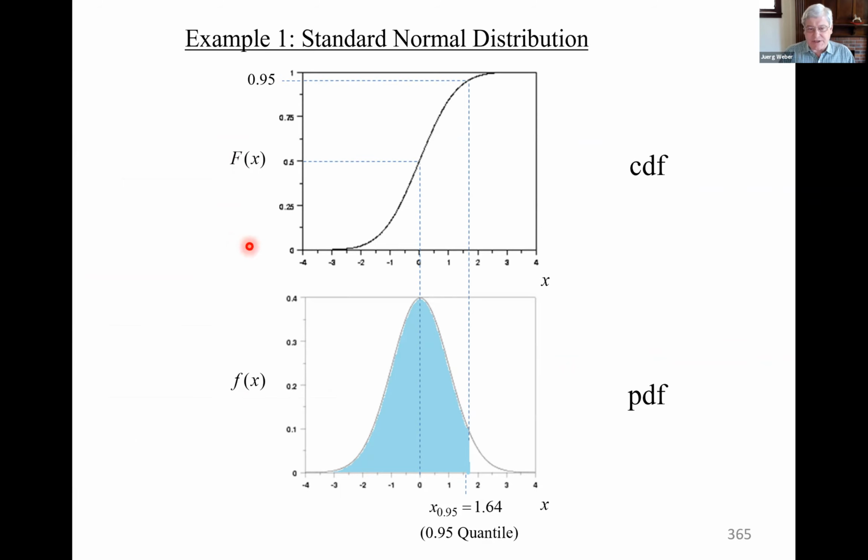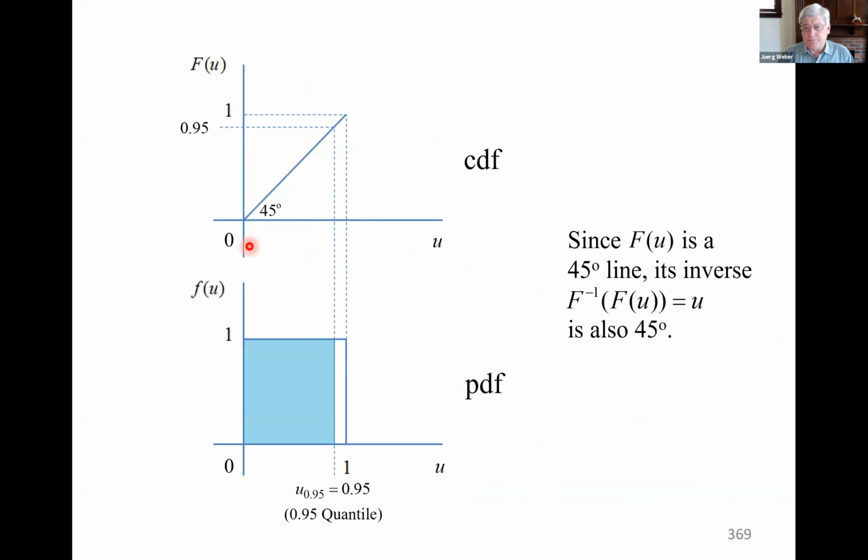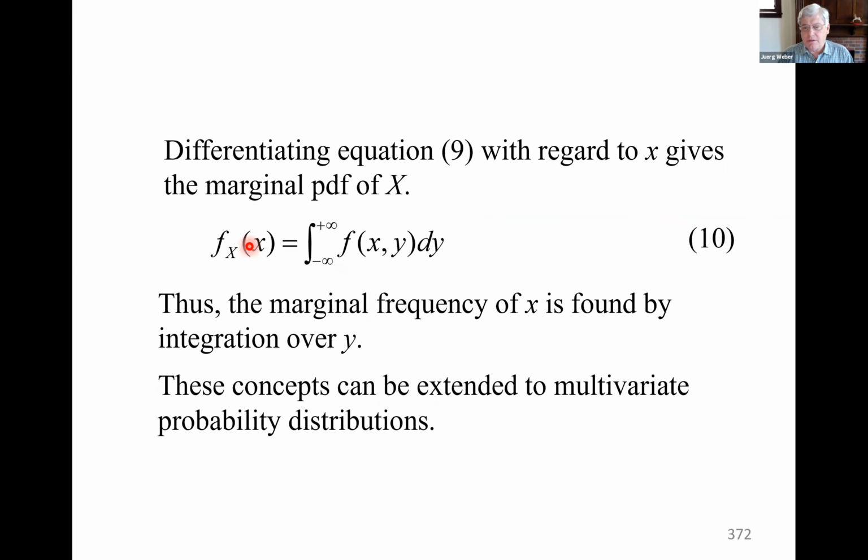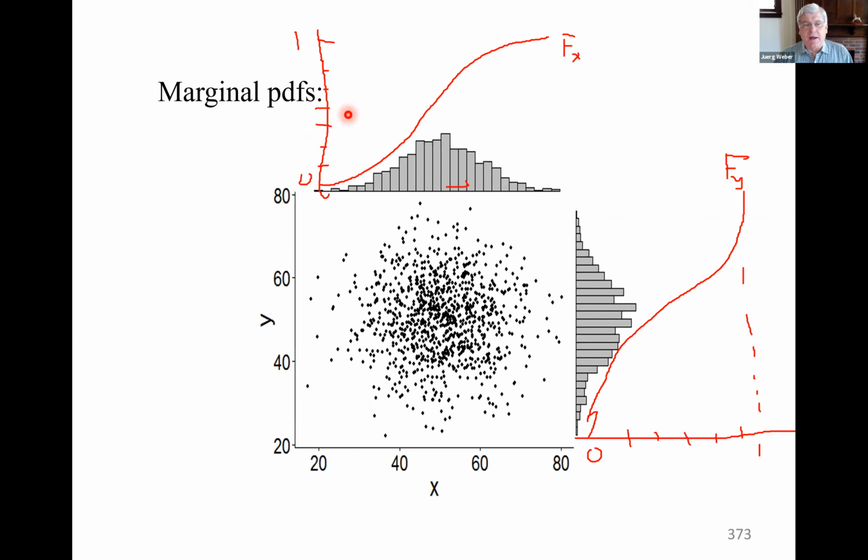Now you can apply this to the marginal distributions. The marginal distribution again is univariate. I have a bivariate random variable, but the marginal distribution is univariate, and those values of the marginals are uniform. And because they are uniform, I can put them into the copula.